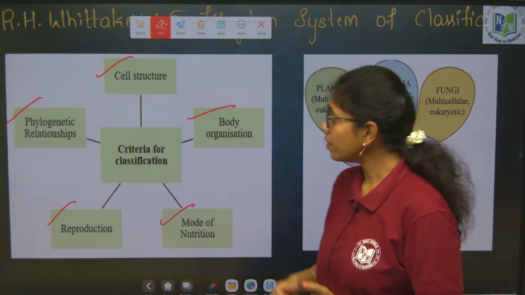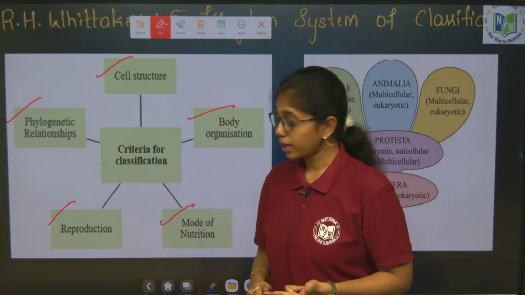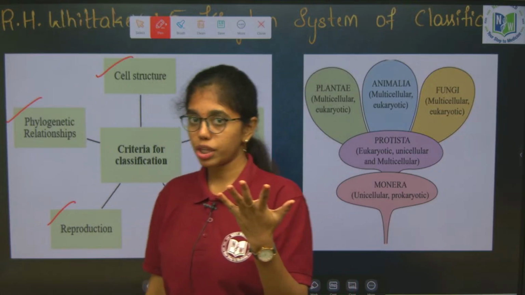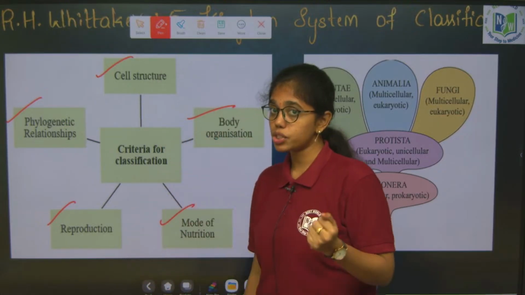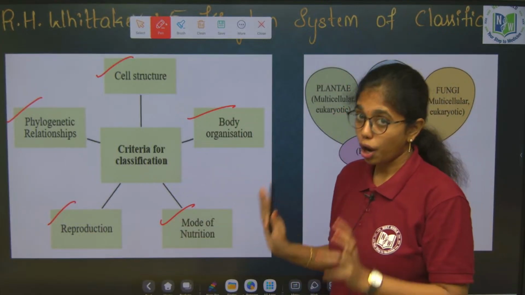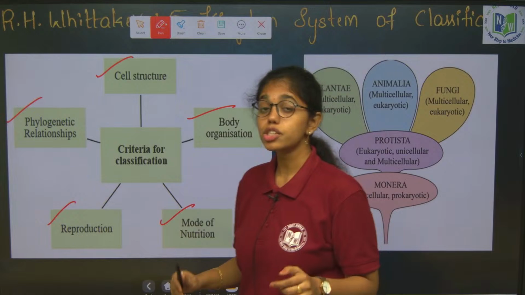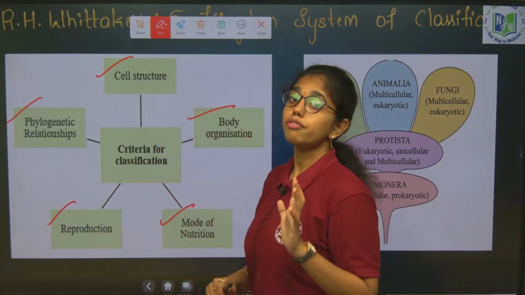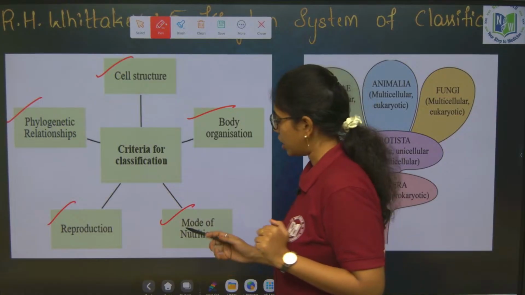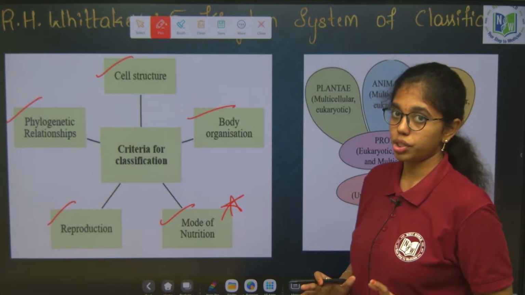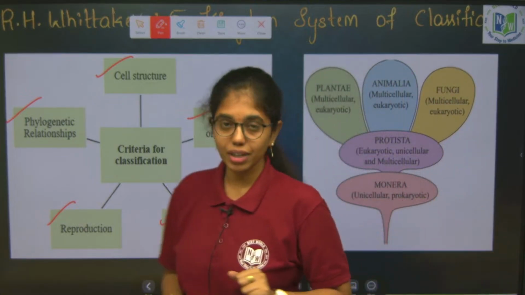These are the 5 major criteria of the 5 kingdom system of classification. Of these 5 criteria, what is the most important criterion? Mode of nutrition is the most important criterion considered for the 5 kingdom system of classification.